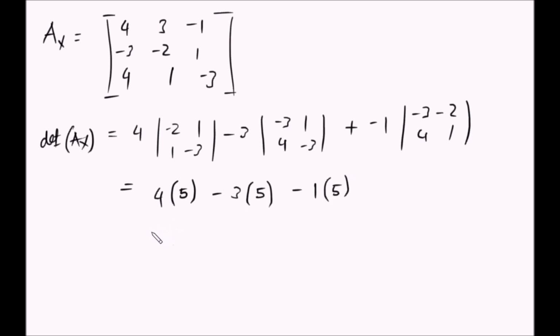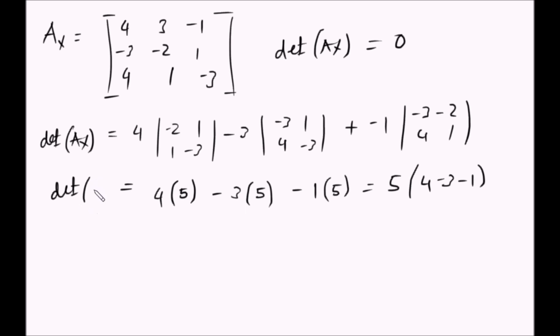So, kifactor out 5, nabaki na 4 minus 3 minus 1, 0. Kwa determinant sasa ya ax ni 0.